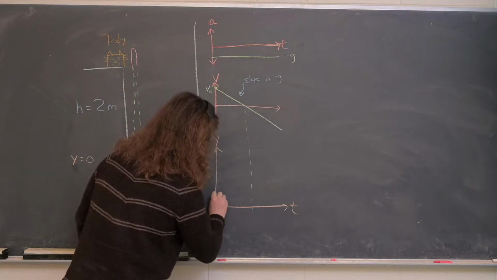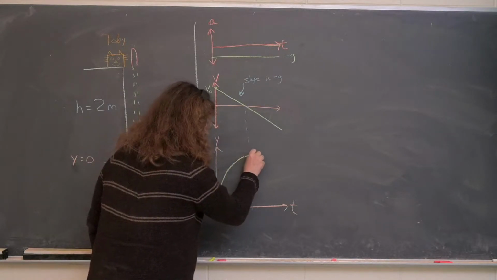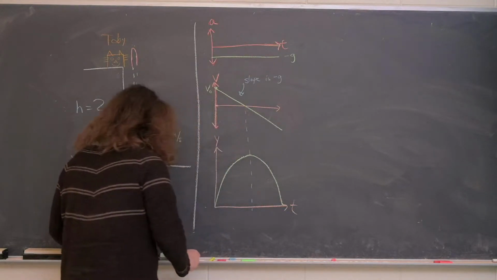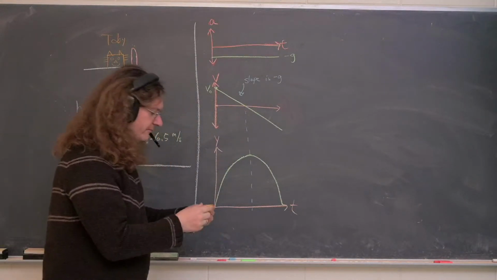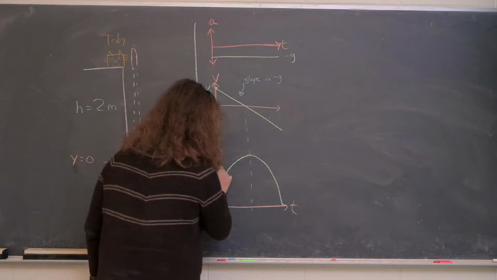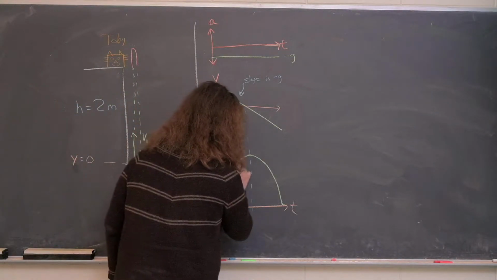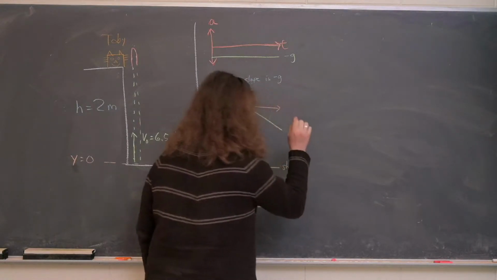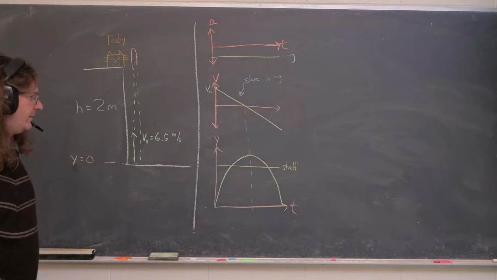So it goes up and then back down. And we should indicate the level of the shelf on our graph. We don't know exactly where it is yet. That's fine. We're going to do some mathematics to find it. It is right about there.